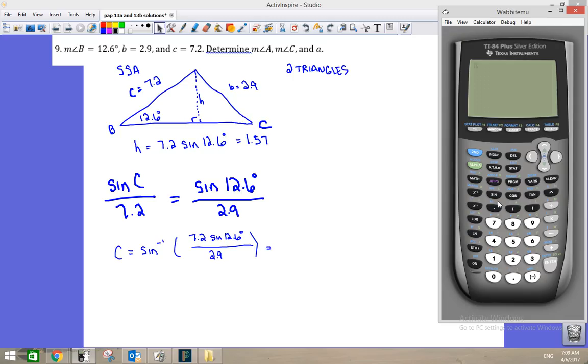So if I go inverse sine of 7.2 times the sine of 12.6, close that parenthesis, divided by 2.9. So I know this is going to be an acute angle. And there it is, 32.79.